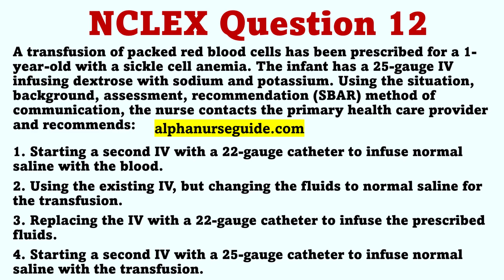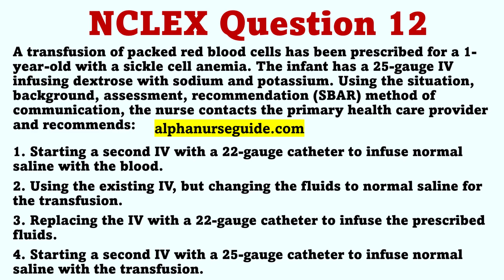Starting a second IV with a 22-gauge catheter to infuse normal saline with the blood. 2. Using the existing IV, but changing the fluids to normal saline for the transfusion. 3. Replacing the IV with a 22-gauge catheter to infuse the prescribed fluids. 4. Starting a second IV with a 25-gauge catheter to infuse normal saline with the transfusion.